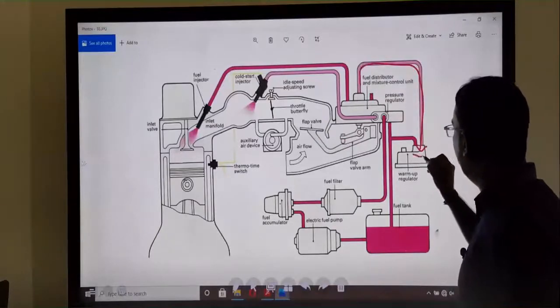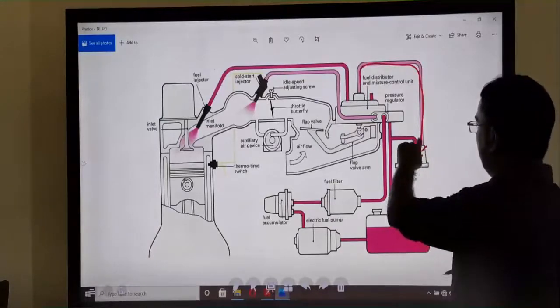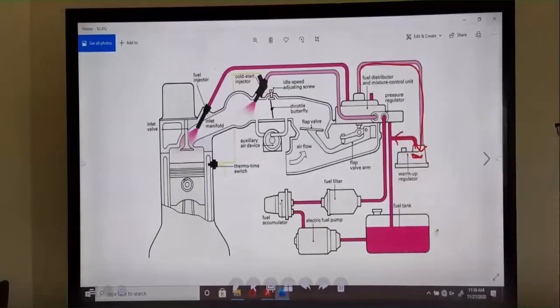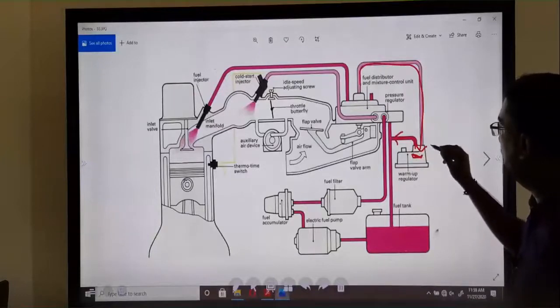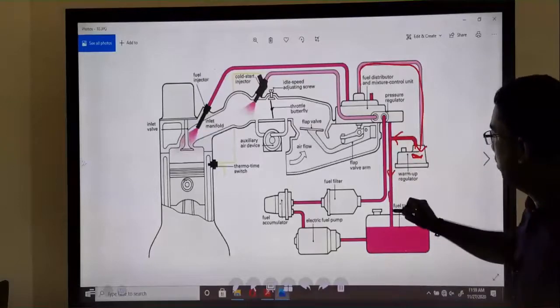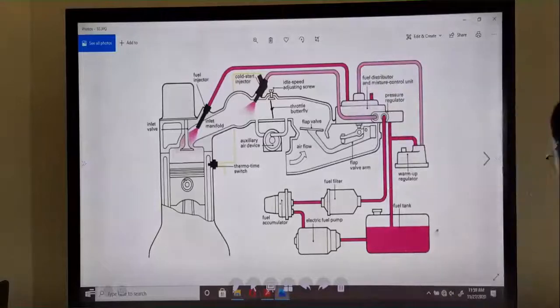According to that, this fuel level can change. I will explain clearly with a separate figure how this warm up regulator is working.